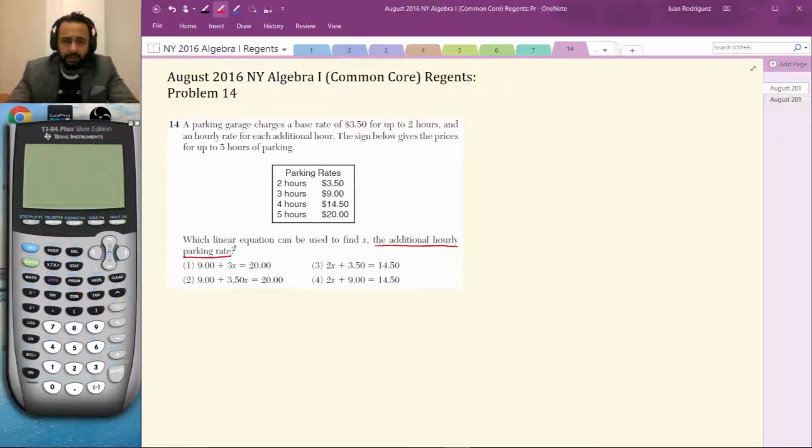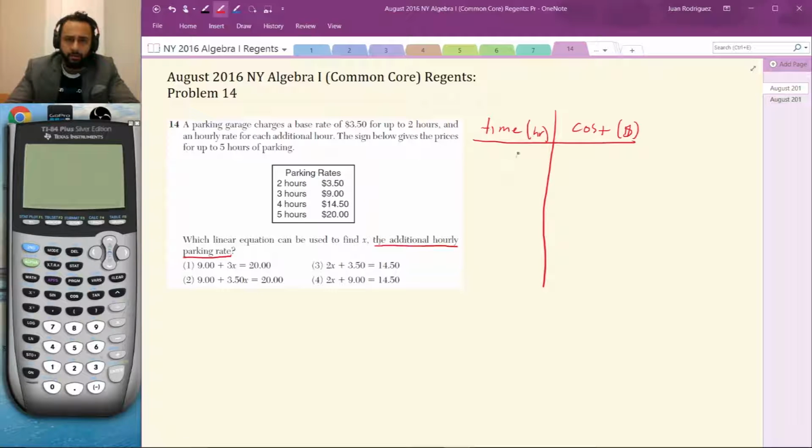Now that said, this is a real life situation, so we should be able to make a chart out of it. So time and then the cost. The time is in hours and the cost is in dollars.